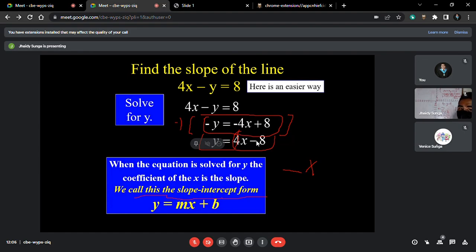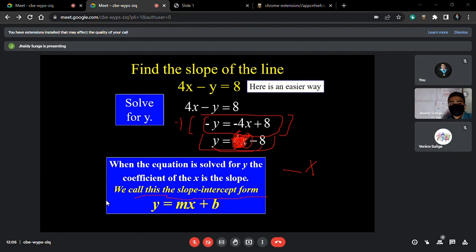Or for example, this one in the presentation, if I will be covering this 4x, because this is our slope, right? So if I will be covering that up, our y is equal to negative 8, right? That's the thing.